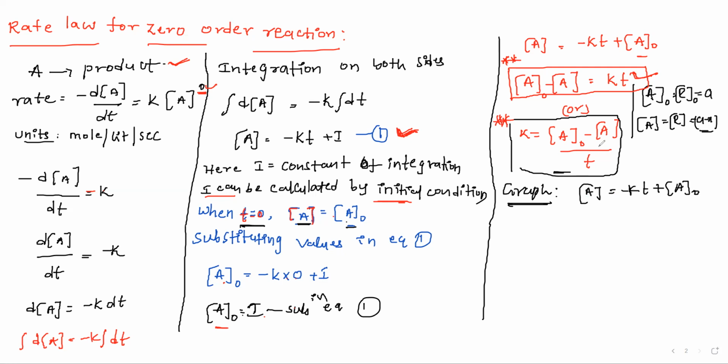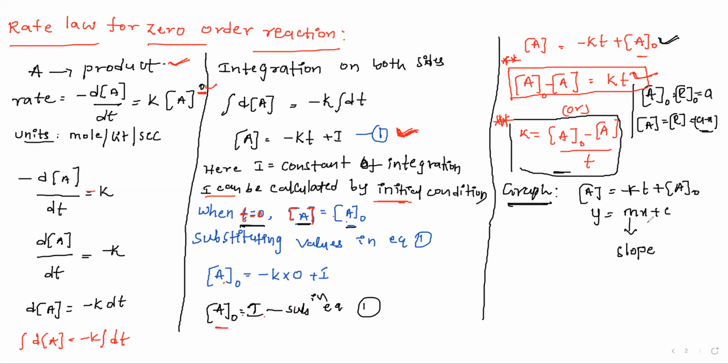This graph will look like y is equal to mx plus c. Here m is K, x is t, and c is A naught. What is the slope there? m is the slope.